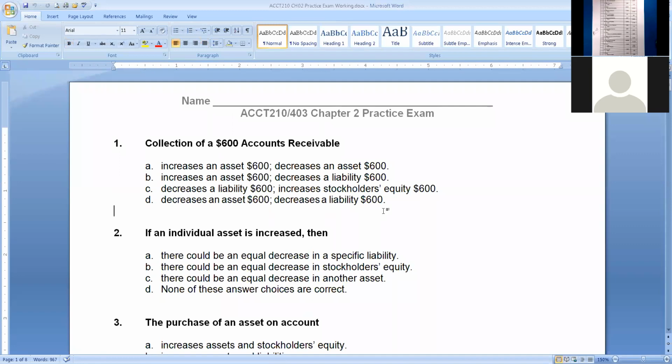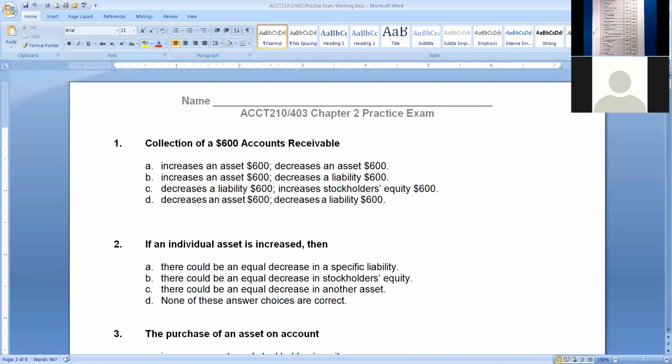By the way, a lot of these come down to what they call the balance sheet equation: assets equal... Oops, that's not right.